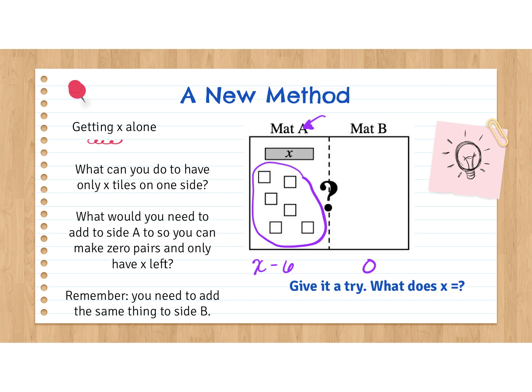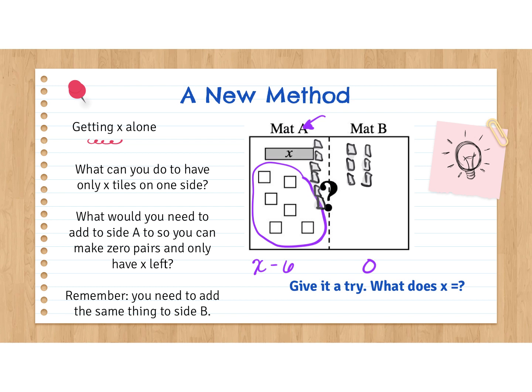So if we added that to our mat, 6 positive, 1, 2, 3, 4, 5, and 6. If we added those 6 positive unit tiles, we've changed the actual value of the original expression, which is not acceptable. So the only option you have is to add those same 6 positive unit tiles to the B side, and by doing that, you've actually added just 0, right?